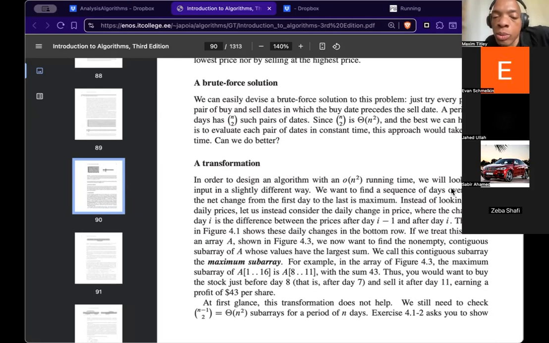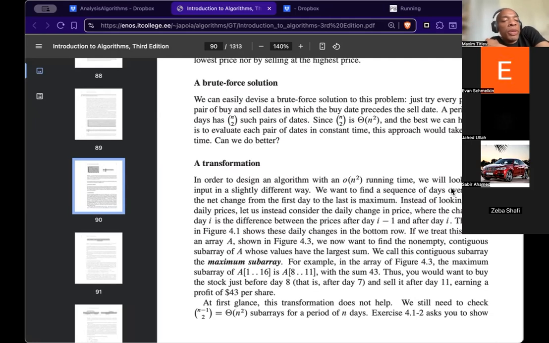We want to find a sequence of days over which the net change from the first day to the last is maximum. Instead of looking at the daily prices, let us instead consider the daily change in price, where the change on day i is the difference between the prices after day i-1 and after day i.